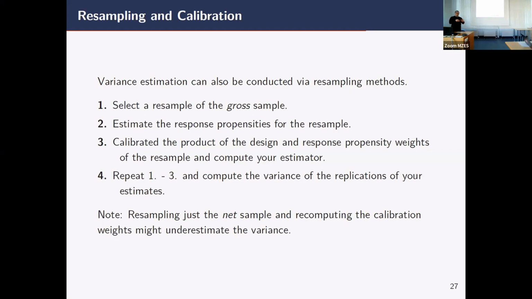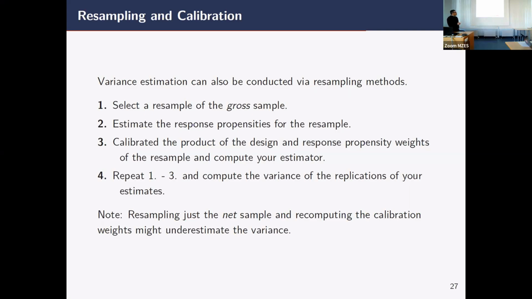Again, this is then a random composition based on the resample, or if I'm using a bootstrap, a random composition of respondents, because the number of respondents will be random if I'm using a bootstrap to resample the gross sample, depending on which elements I'm resampling.